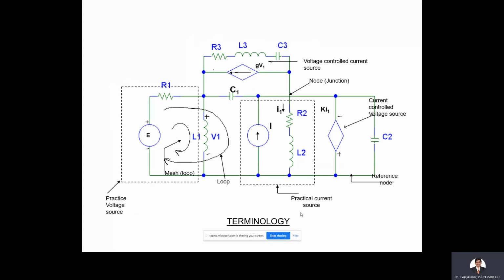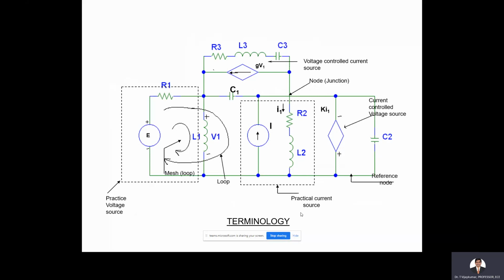Another two sources are there. One is a voltage controlled current source. You can observe in the diagram above, there is a current source, and this current is controlled by the voltage. Therefore, it is called a voltage controlled current source. These are dependent sources because they depend on some other element in the circuit.